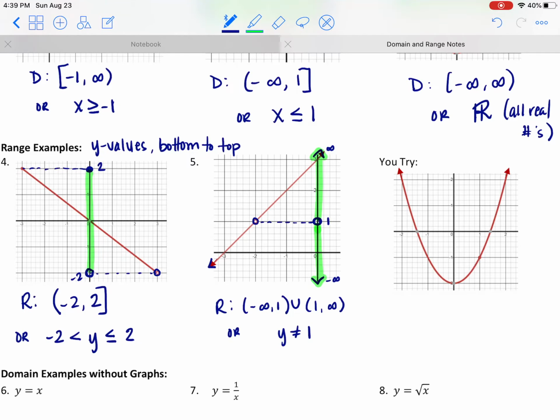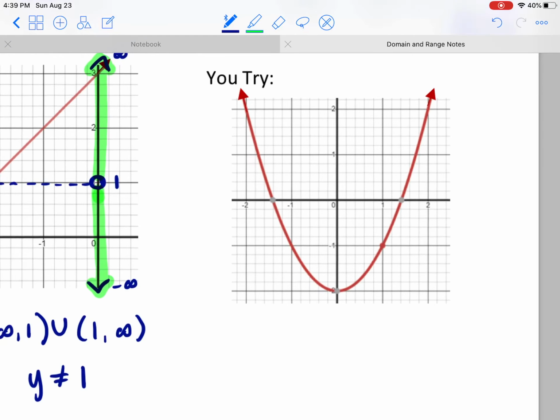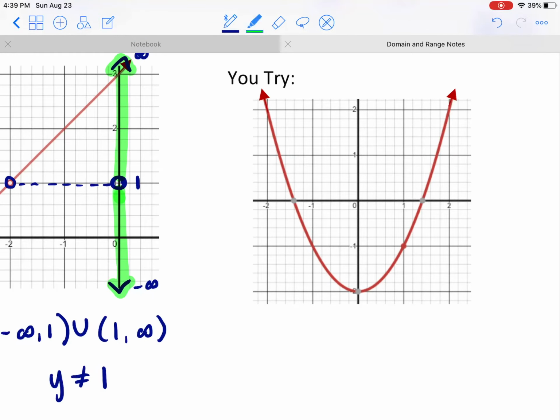If you want to pause the video and give it a shot, you're welcome to. Otherwise, let's see, the lowest y value happens right here. And then since this graph is going up forever, using the y-axis as the guide, our range will go up forever. So our range is going to start down here at -2, and it's going to go up forever toward positive infinity.